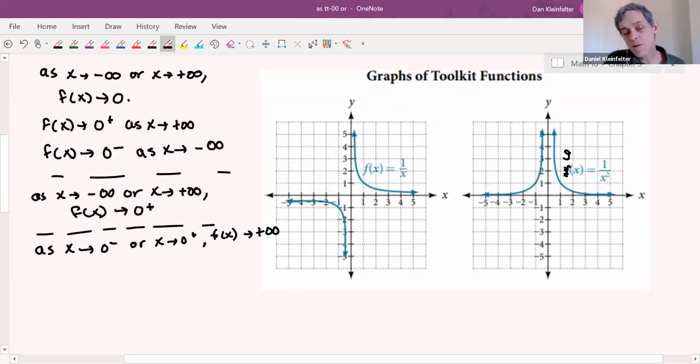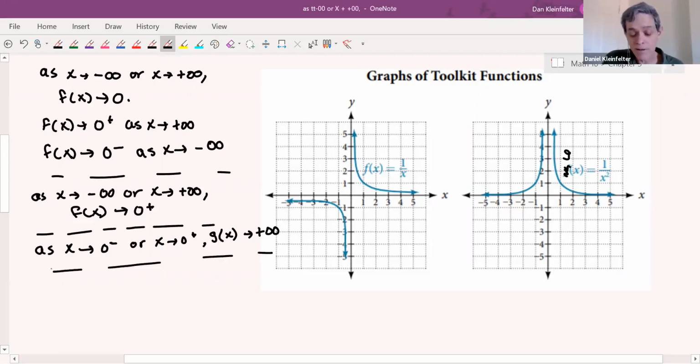So as x approaches 0 from the negative side or approaches 0 from the positive side, f of x is approaching positive infinity. That's actually g, I'm sorry. The function on the right is g of x. G of x is approaching positive infinity.